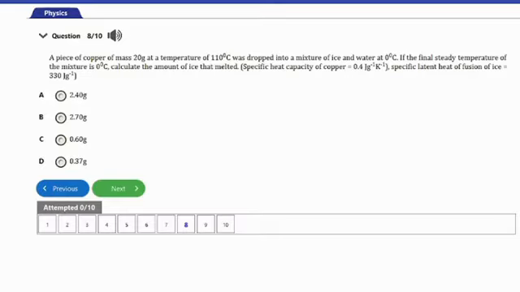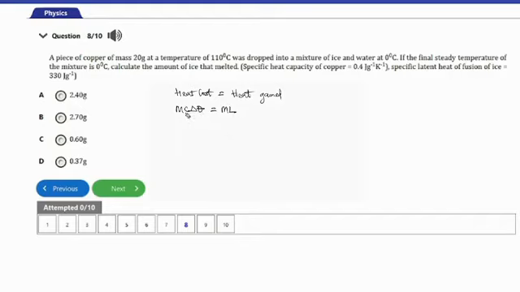So guys, in order for us to solve this, the heat lost by the copper is equal to the heat gained by the ice. So MC delta theta for the copper will be equal to M into the latent heat of fusion of ice.